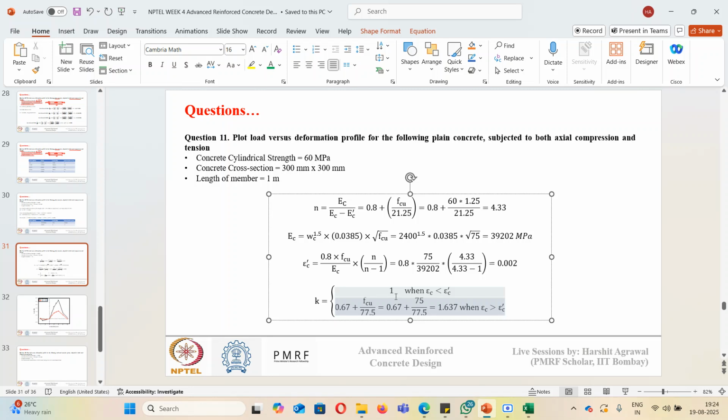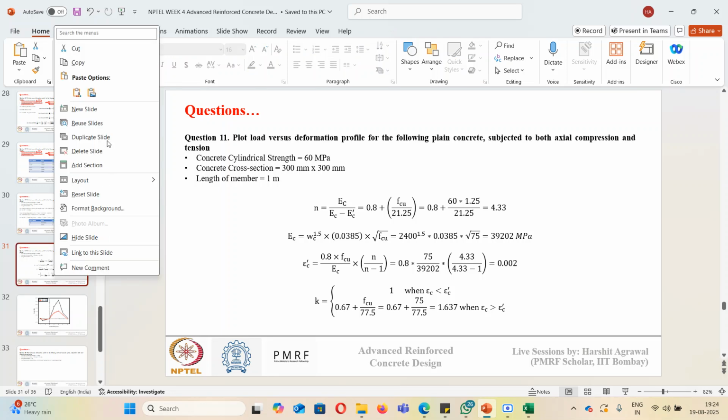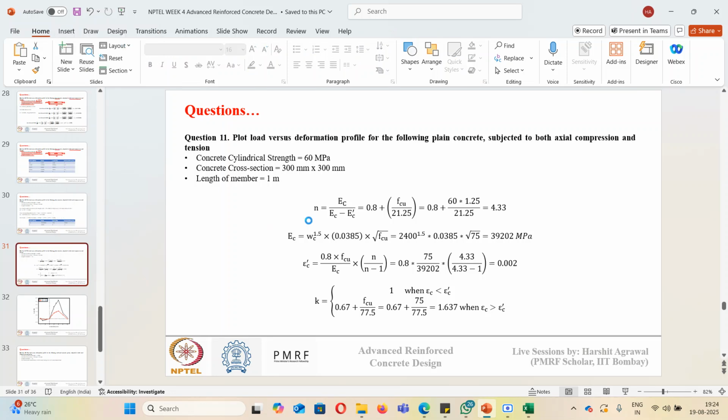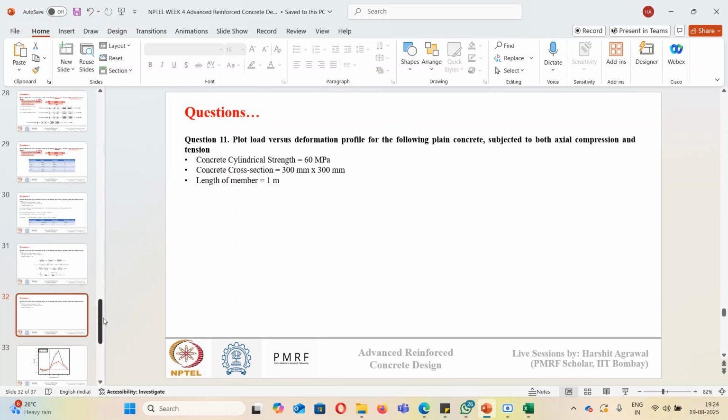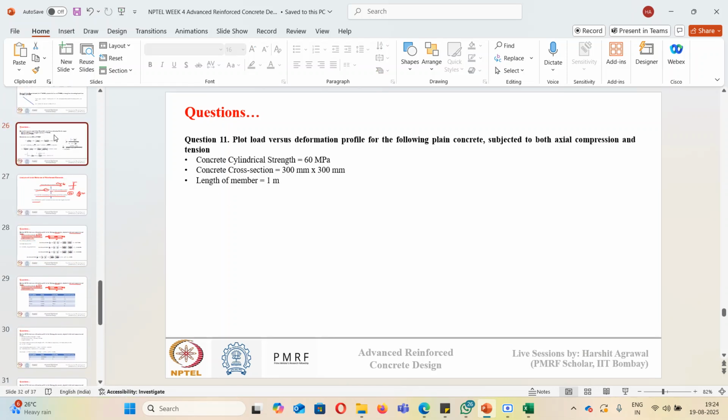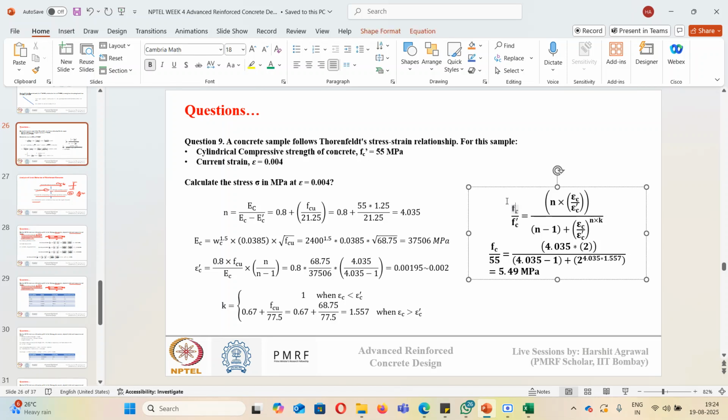Okay, so again, like what we did in the last question, at different strain values we'll calculate the stress. So I will remove this calculation and I will add the basic equation of Thorenfeld's model.